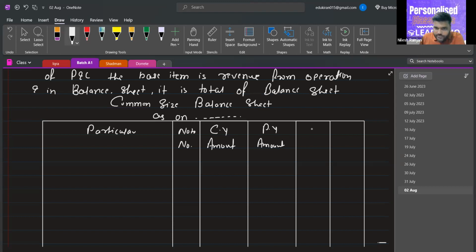Now, this column is called common size percentage, with current year and previous year. But if there is only 1 year's data, then there will be one amount column and only one common size percentage column. In that case, you don't have to write current year, previous year.